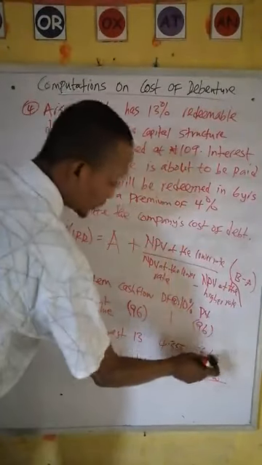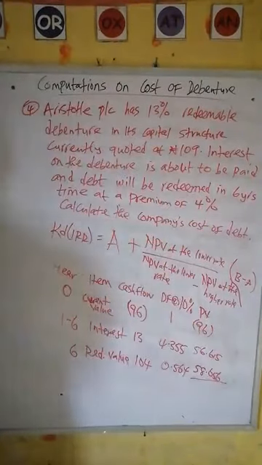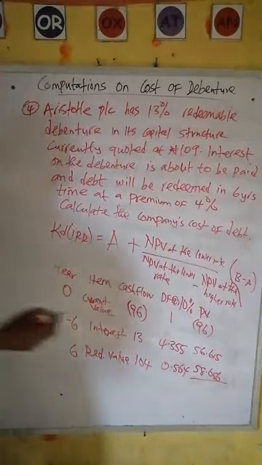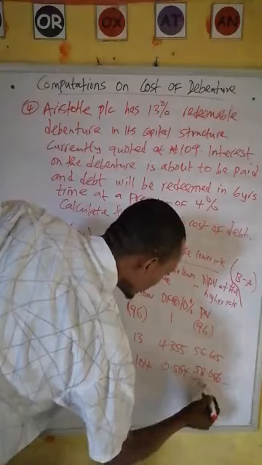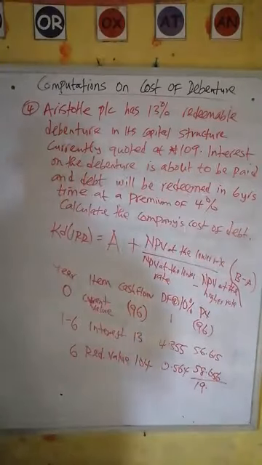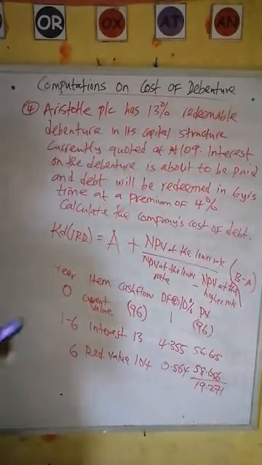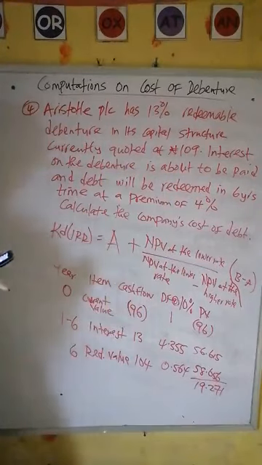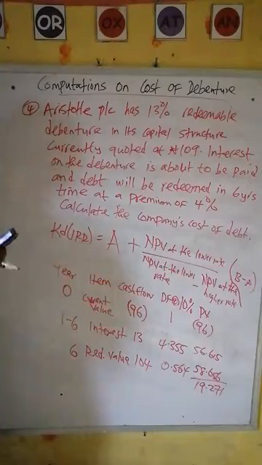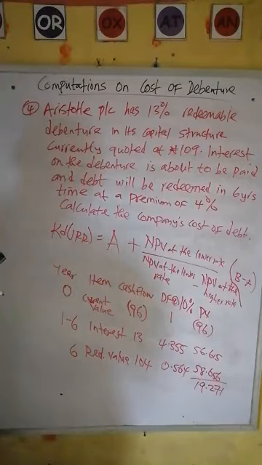Sum this plus this plus this. So what do you have? The result you are going to have is 56.615 minus 96, which is 19.271.